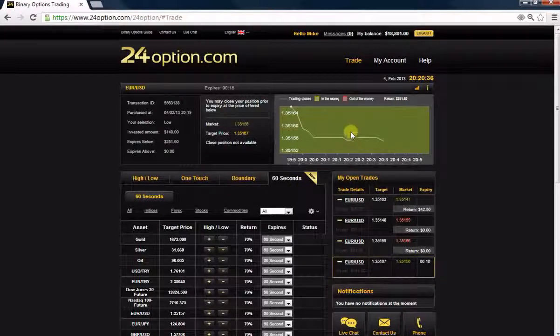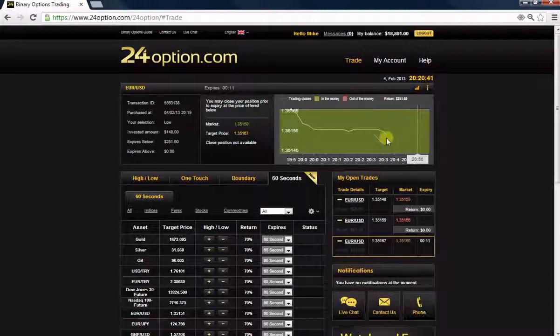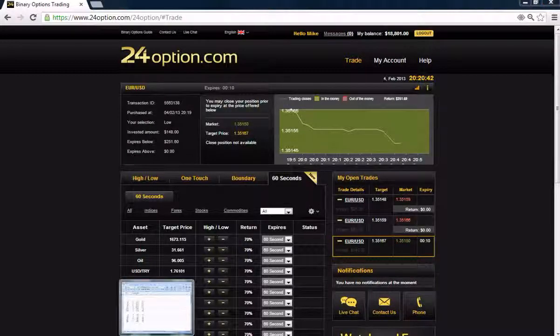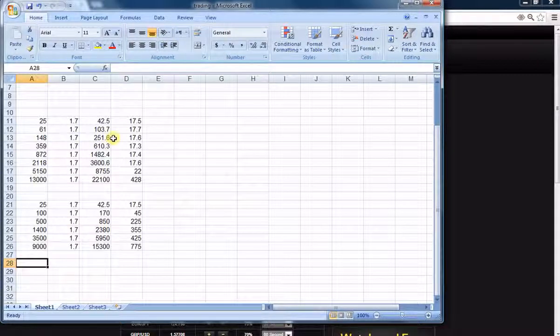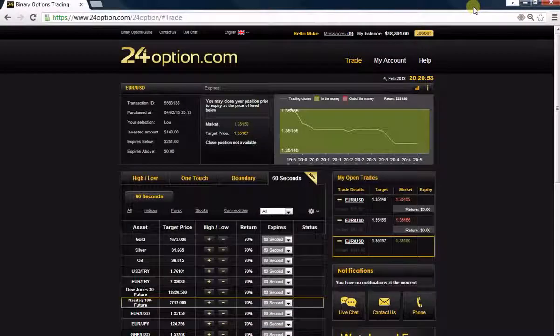It looks like we caught that here at the 148, as you can see nicely. $148, that's a return of $251. However, we invested $61 and $25 previously, and the 148 you have to take into account. So we're going to have $17 profit here.